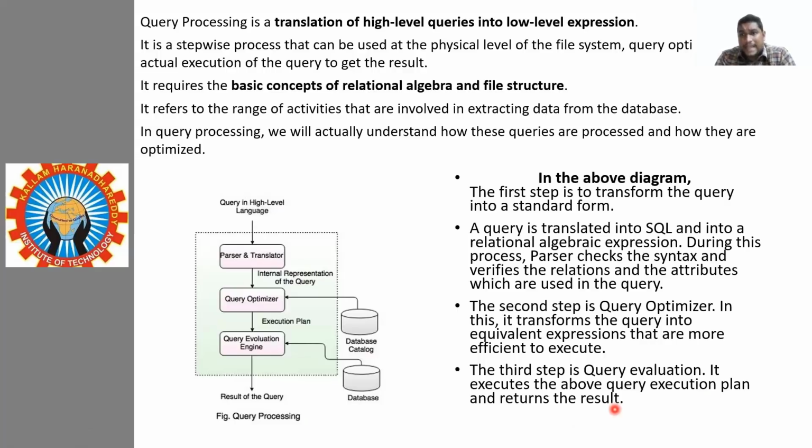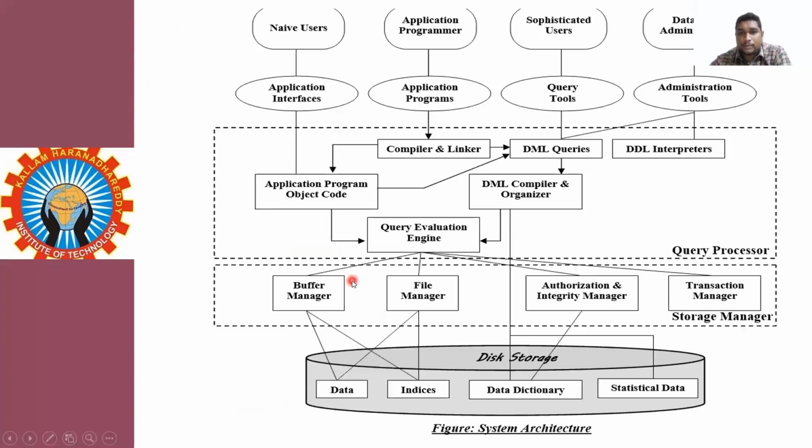The SQL language is converted simply. I am summarizing the concept of query processing so you can easily understand. It has three steps: the parser, the optimizer, and the evaluation engine.